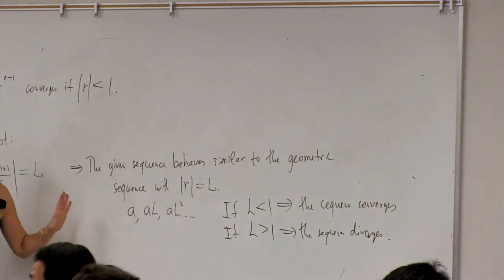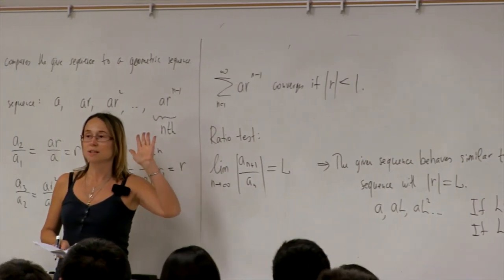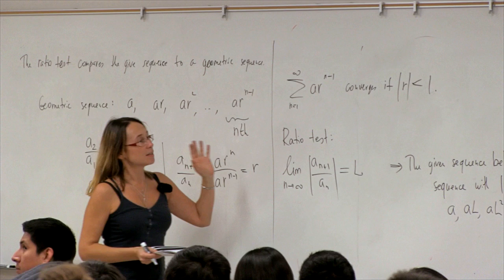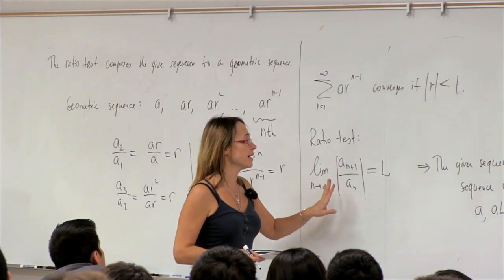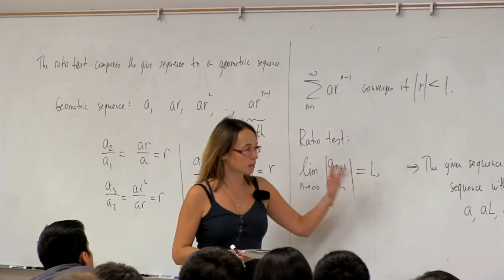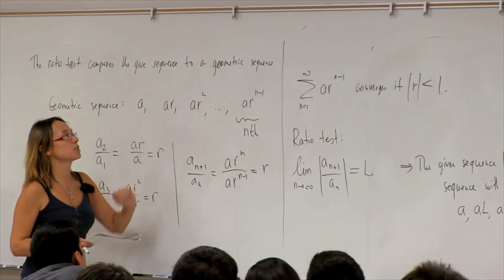So this test is based on comparing the given unknown, unexplored sequence to a geometric sequence and saying that when n is large, they behave similarly. And then we apply the rule for the geometric sequence.